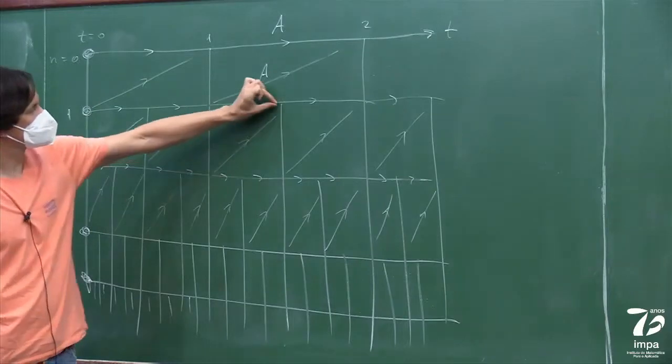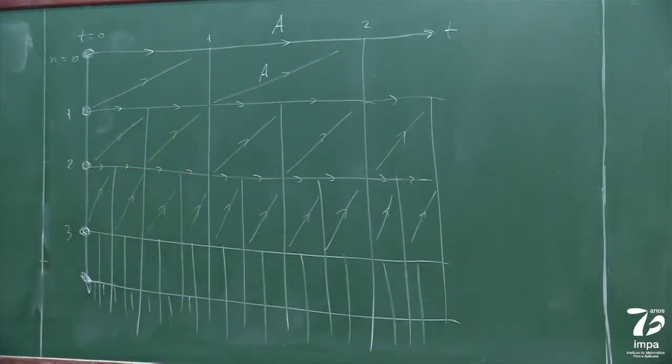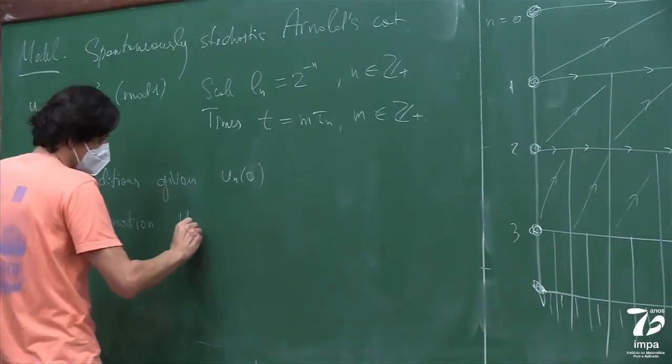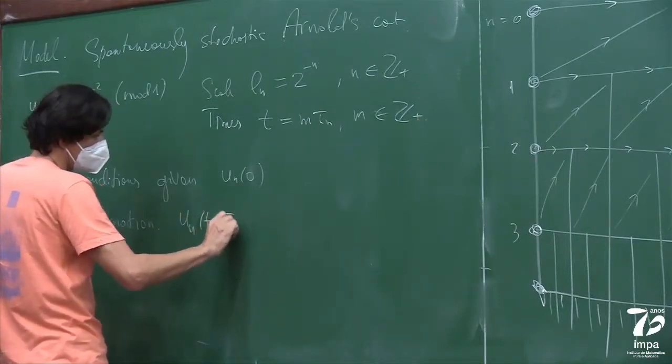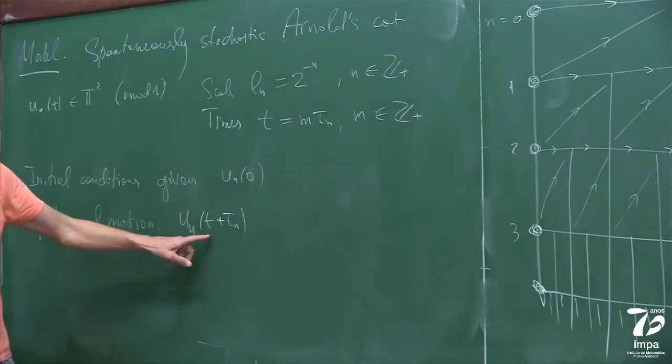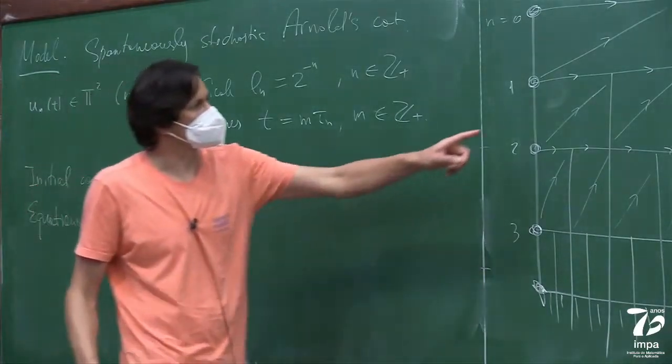So these two values give the value here. So u_n at the next time. So the next time means plus the turnover time at that scale.